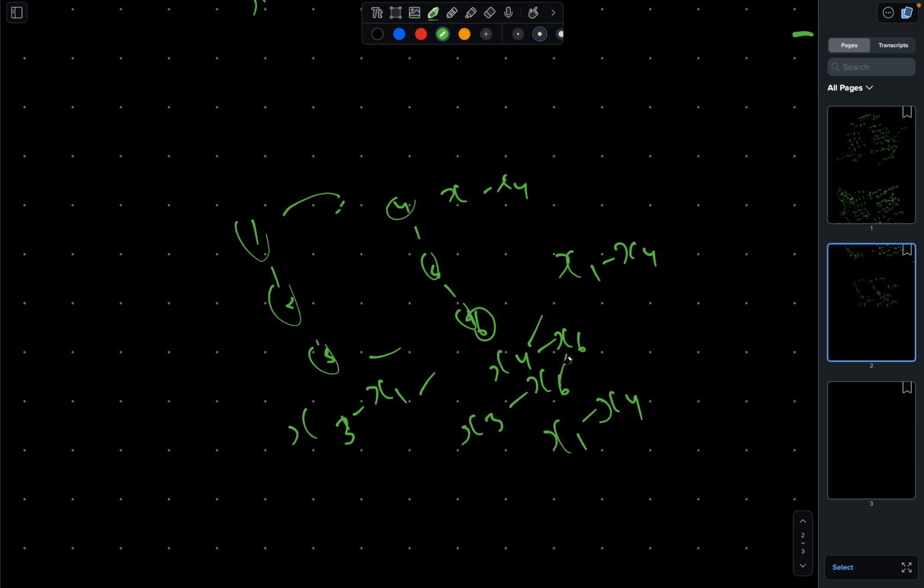So mathematically, what should be the equation? The first pair will have the ultimate parent, which is 1, and it will have x3 minus x1, and there's an edge between 3 and 6, which is of some weight k, and here the ultimate parent and x4 minus x6.